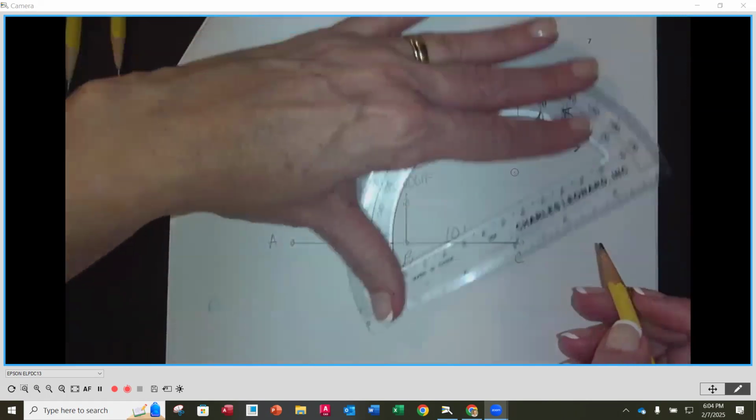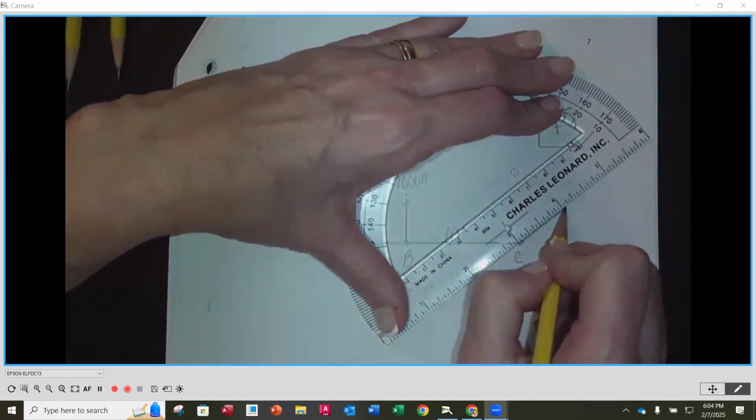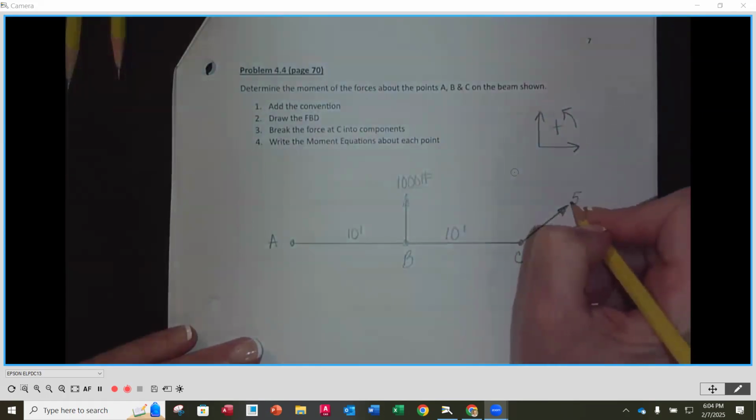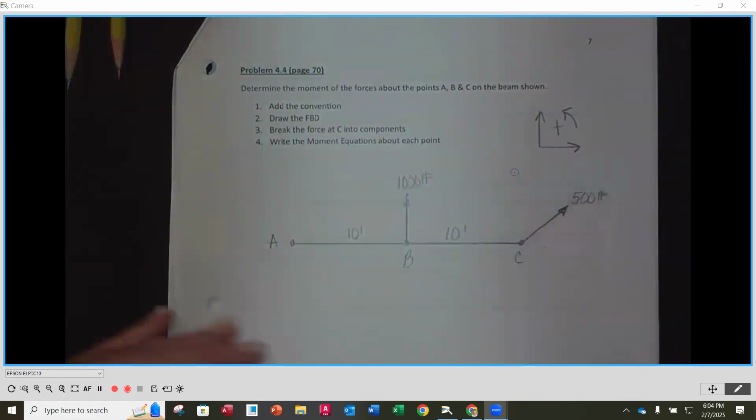And then we have a force that's going at an angle, and it is 500 pounds. Now, based on some experience that you've had in statics, you can imagine that 500 pounds is at an angle. So we're going to have to figure out the components, but we do need to know what the angle is.